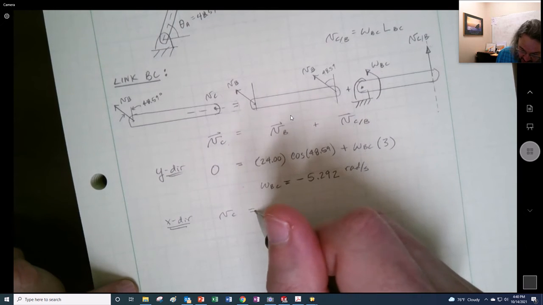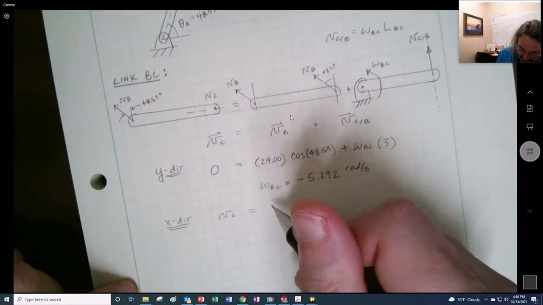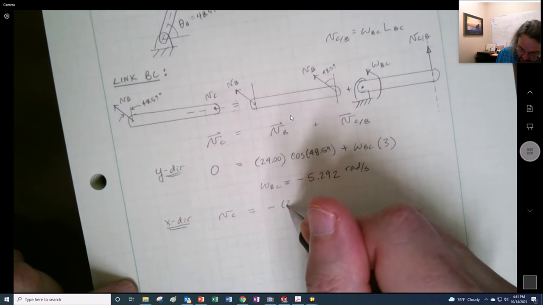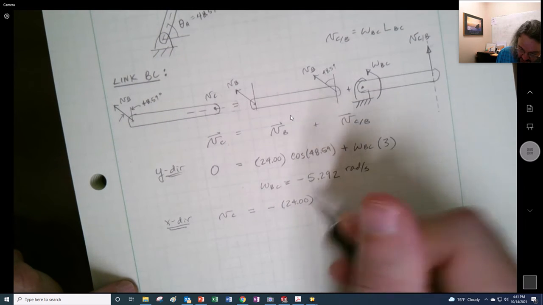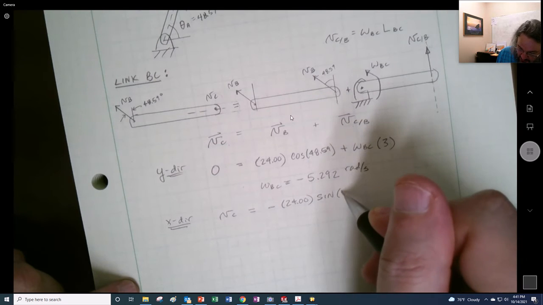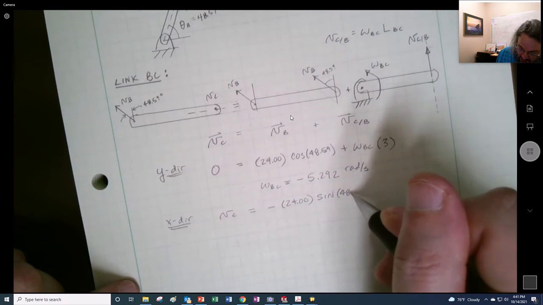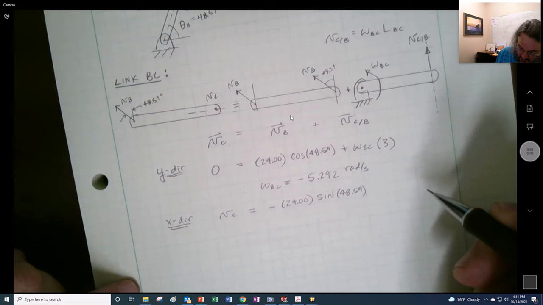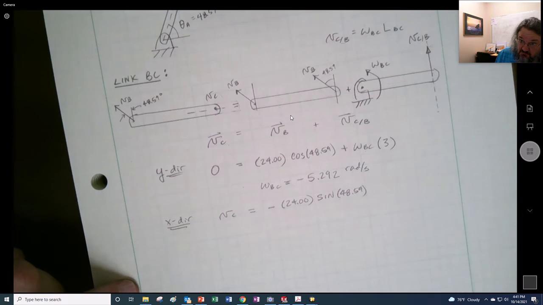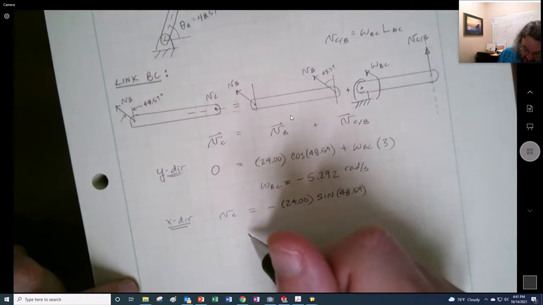It's just a magnitude. And we're going to have a negative velocity of b, which is 24.00 times the sine of that angle of 48.59, right? And then there's nothing going on in this one. So we're golden. All right, cool.